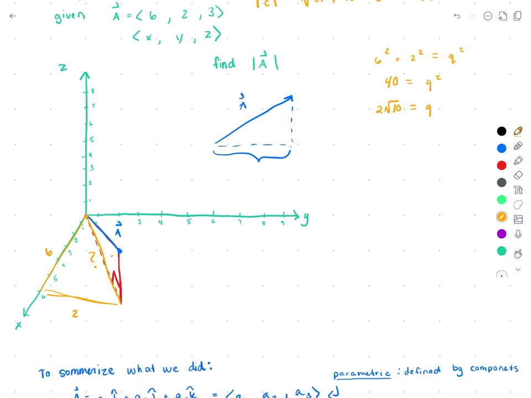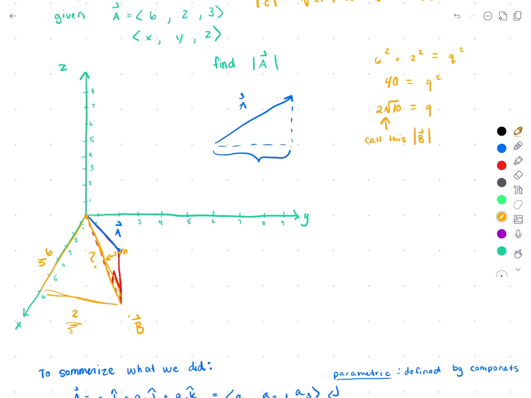But now, what am I going to do with this? That's a great question. I'm going to come back over here and say, I now know that the length of this is 2 root 10. What do I do with that? Let's call this vector B. Specifically, this is the length of vector B, because this and this would be B's components.